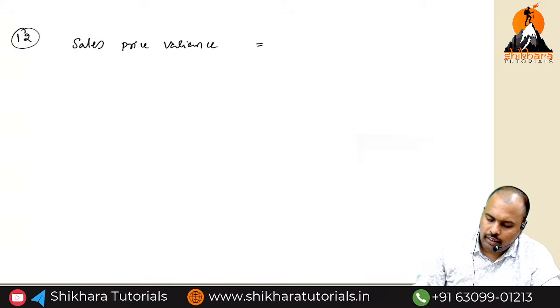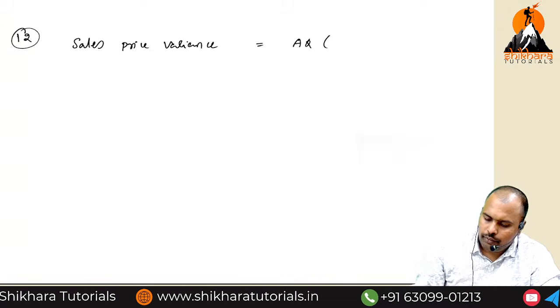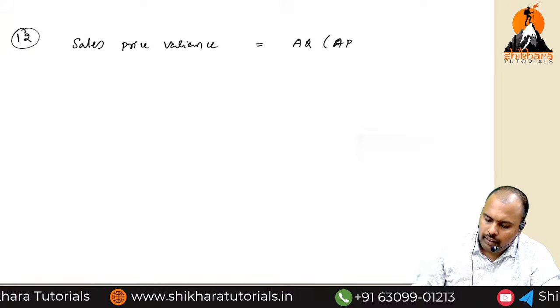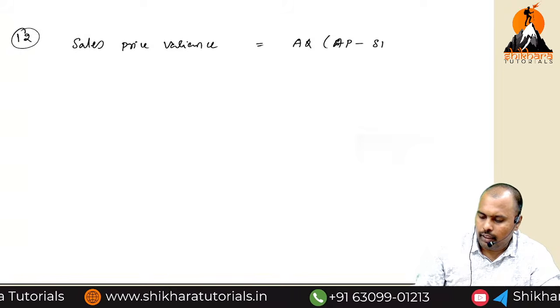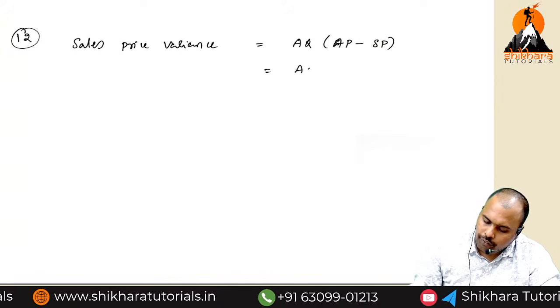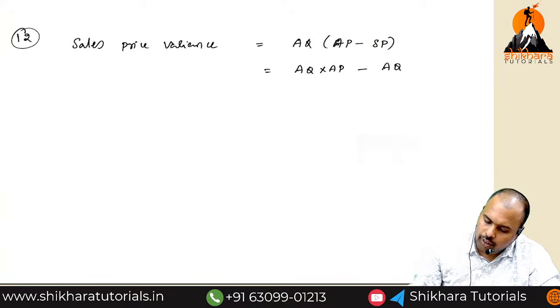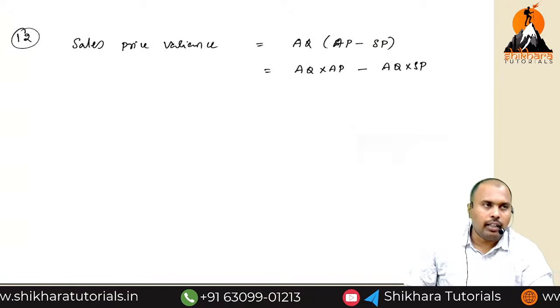Sales price variance is equal to actual quantity into actual price minus standard price. That is equal to actual quantity into actual price minus actual quantity into standard price.